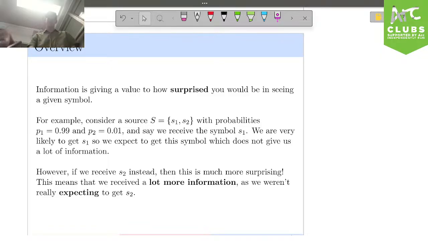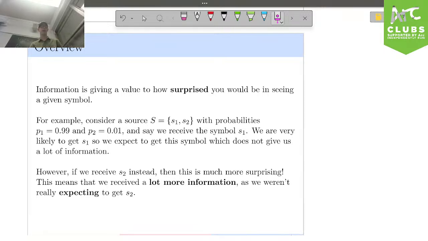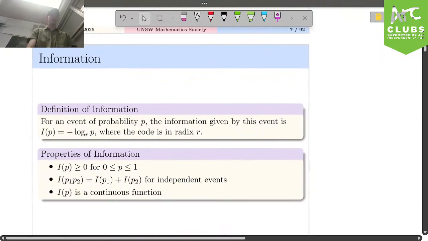If you have a source alphabet of just two source symbols, and one is extremely likely to be received and one is very unlikely, then you would get quite a large amount of information if you were to receive S2, because it only has a 0.01 probability, whereas S1 is very likely, so you're not going to receive much information. You're not going to be surprised by it at all. So that's what we're going to be talking about: the type of information on average, which we'll call the entropy, in terms of the messages we send.